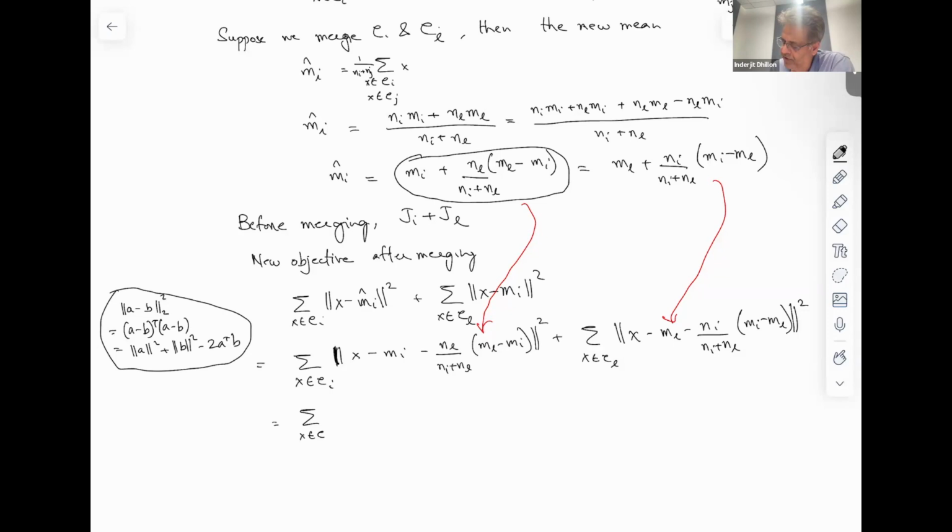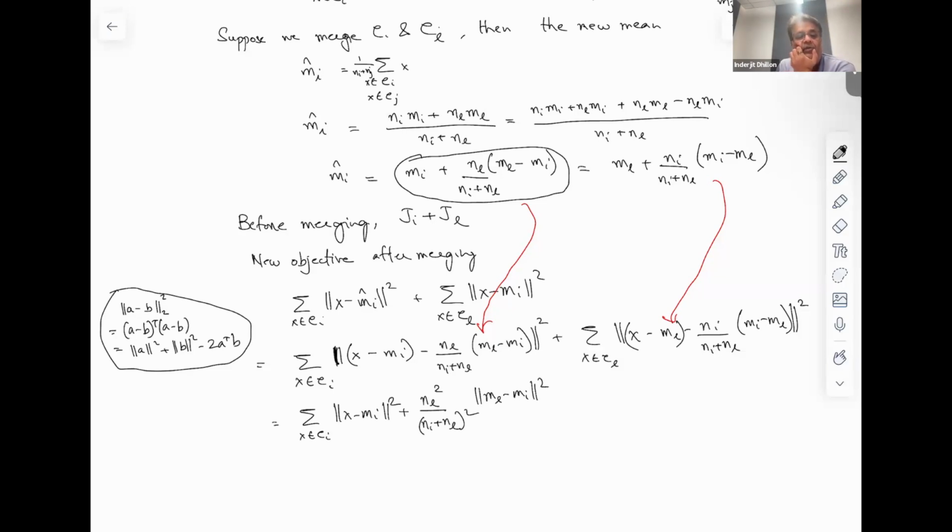This corresponds to my A, this corresponds to my B. So I have x minus Mi squared plus B squared, which is Nl divided by Ni plus Nl squared times Ml minus Mi squared.